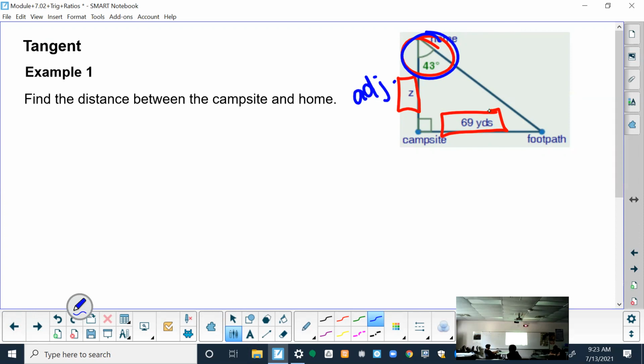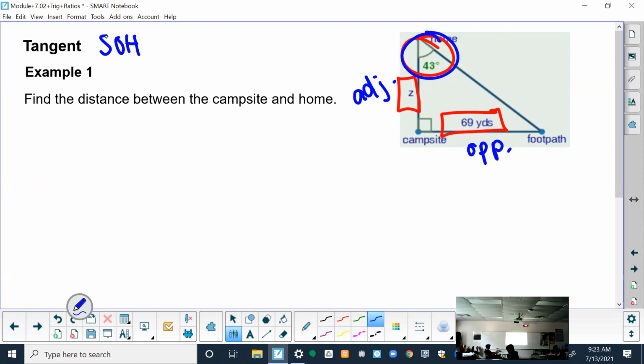What is the 69 yards referring to? Is this my hypotenuse or the opposite? Opposite, right? Hypotenuse would be over here, but they didn't label anything for that side, so we're not going to use that side to help us solve. Make sense?